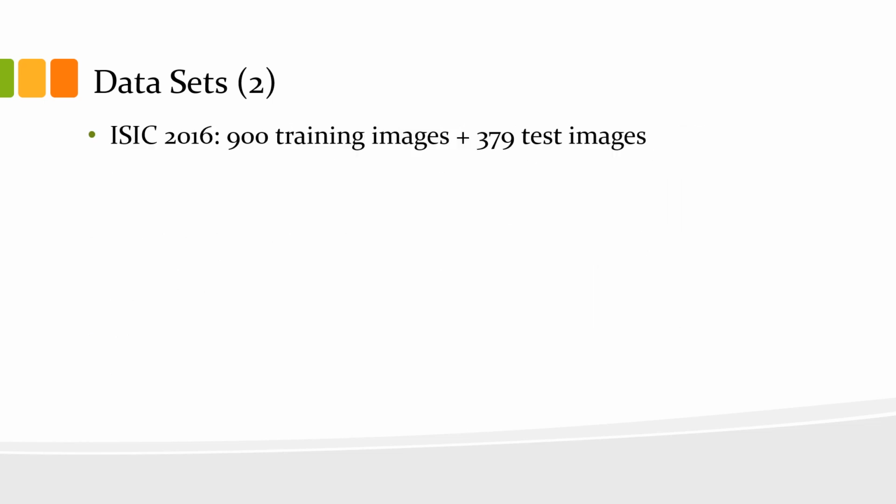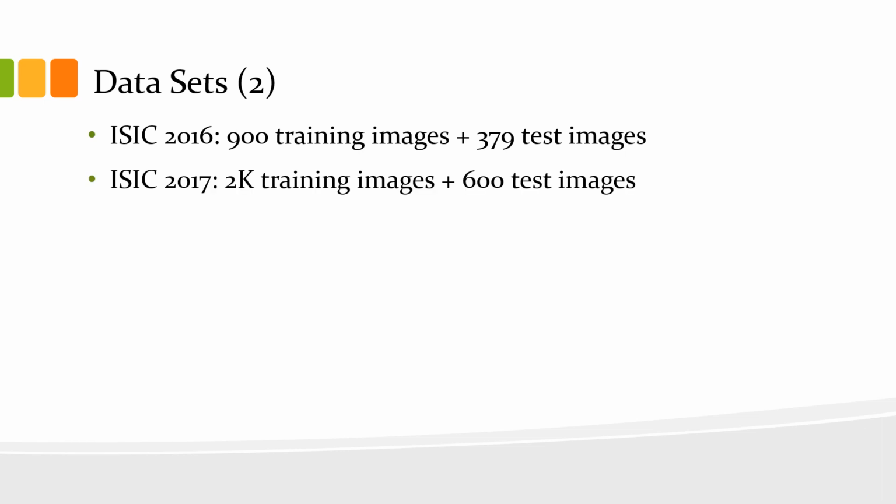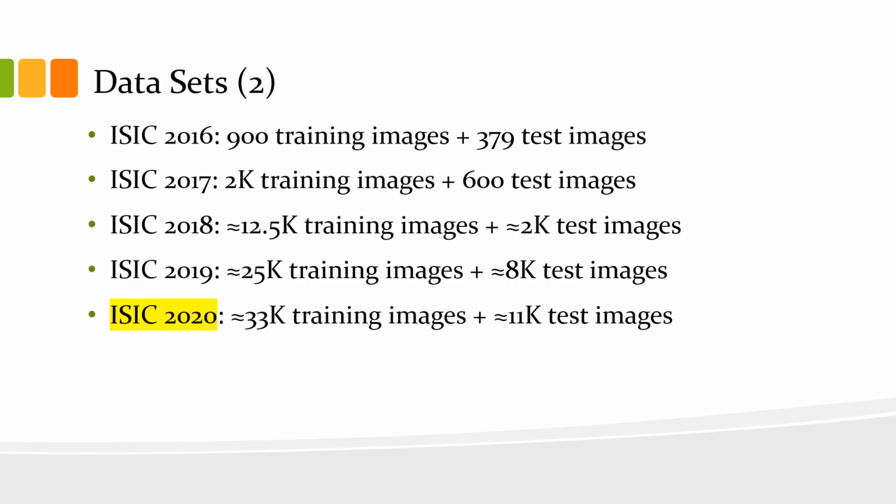The newer datasets include the 2016 ISIC dataset, which was slightly larger than EDRA, and then in 2017 it nearly doubled, and in 2018, 2019, and 2020 the number increased. So we started with about 1,000 training images.